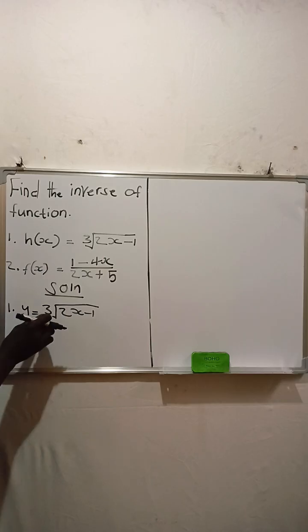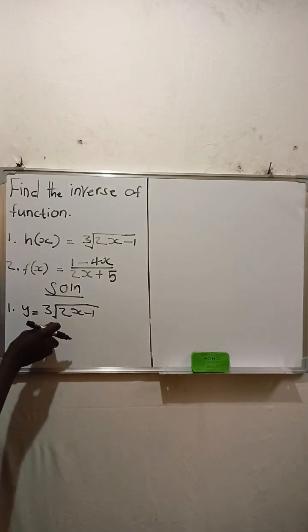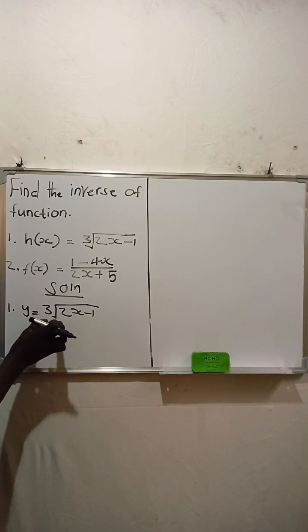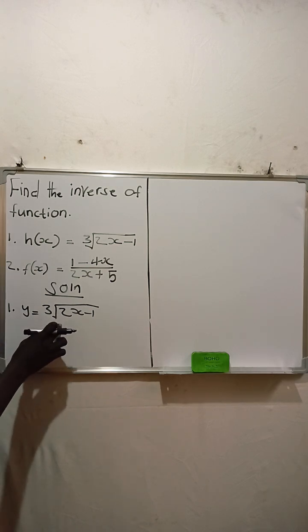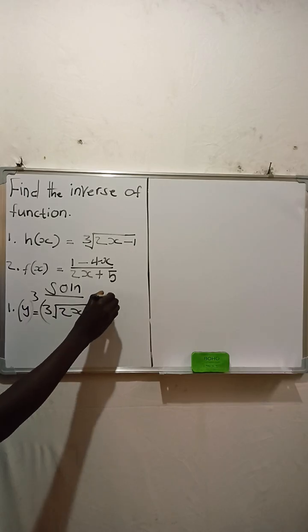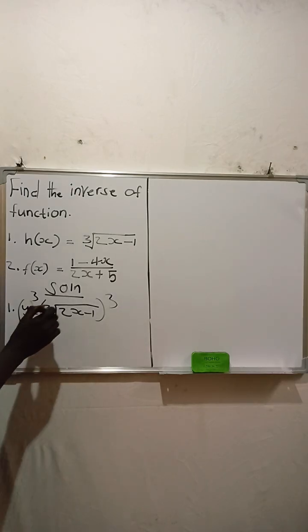Here we can see we have a cube root, and how are we going to remove this cube root? Let us remove it by cubing both sides, such that cube and cube root will cancel.